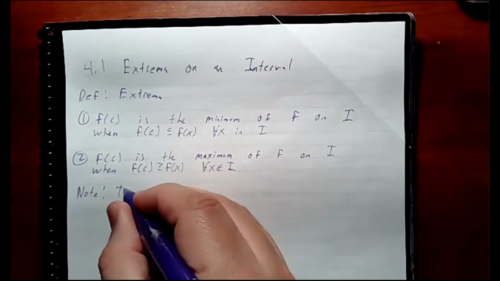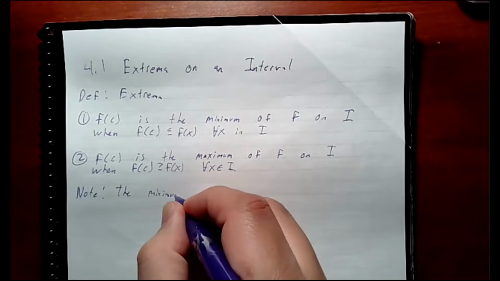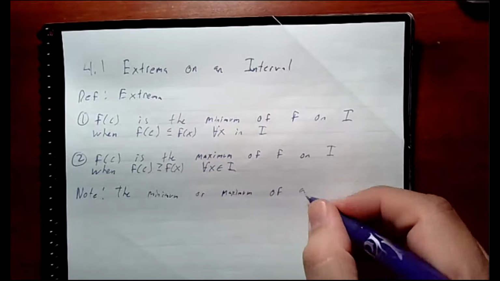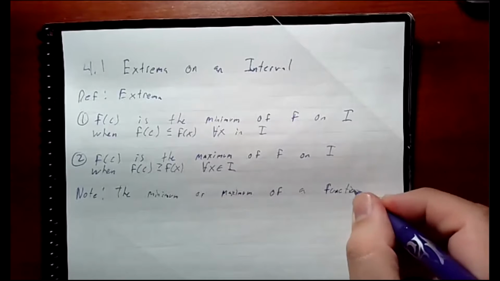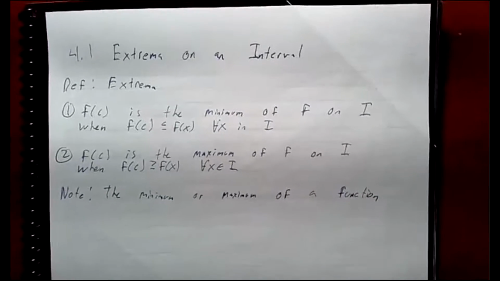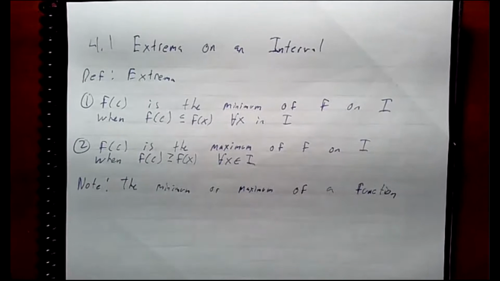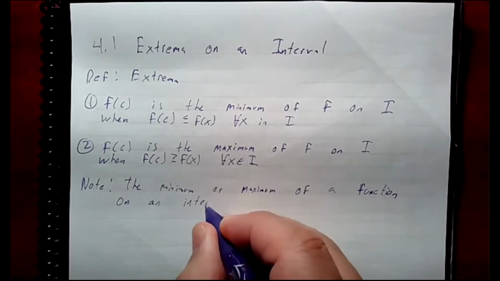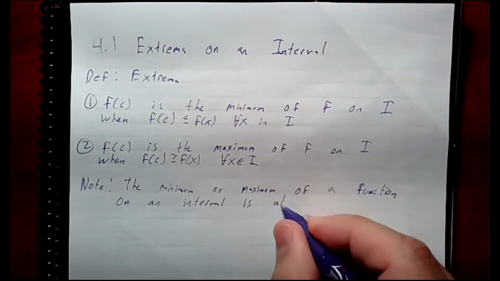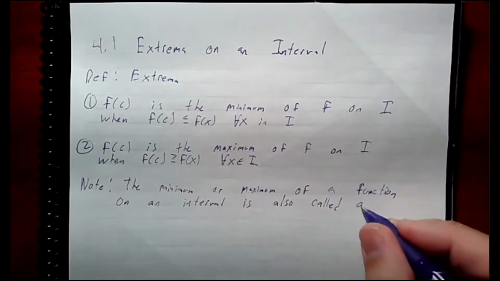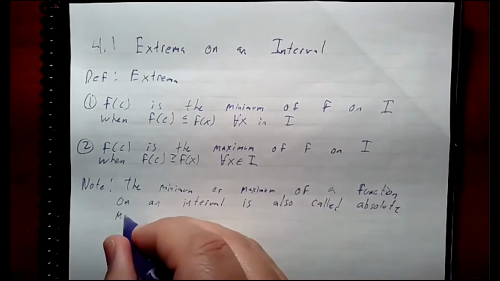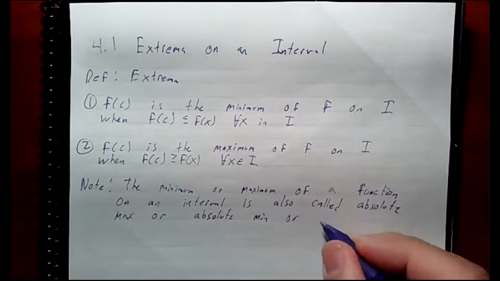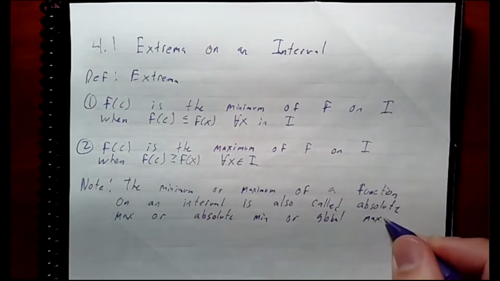Quick note, the minimum or maximum of a function on an interval is also called the absolute max or absolute minimum, also called global max or minimum.